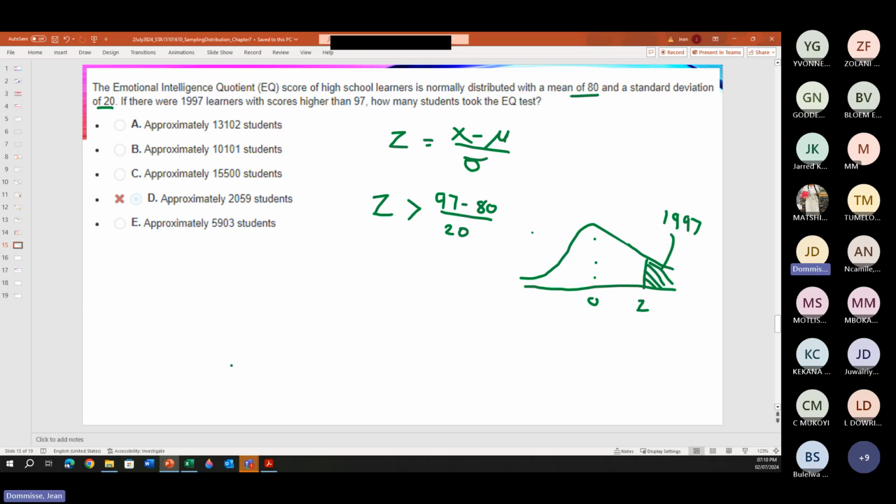So when I look at certain options, and this was from a previous student, if I would have guessed, I definitely would not have guessed option D, because if that piece is 1997, your total class is definitely going to be much bigger than 2059.